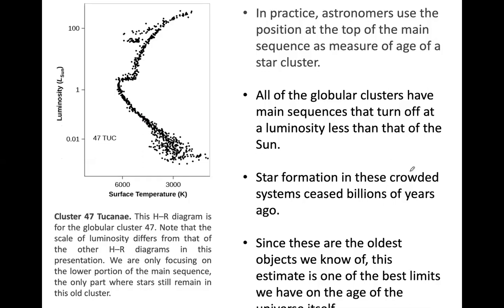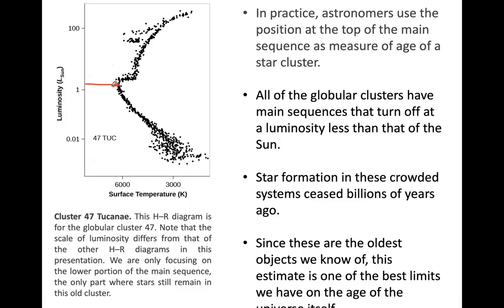Here is an HR diagram of a globular cluster. It should be M47, I guess. Okay, it says cluster 47, and this is a globular cluster. You can see that the main sequence has turned off from right here. When you look at this diagram, you need to be careful that at this particular point the main sequence has turned off, but this is just one solar luminosity, right?